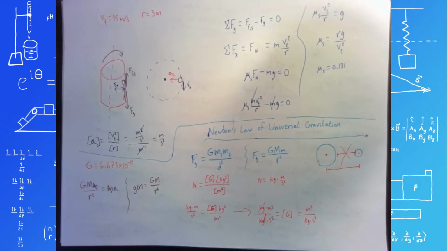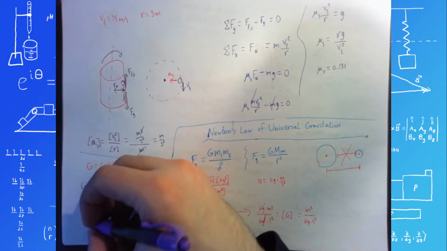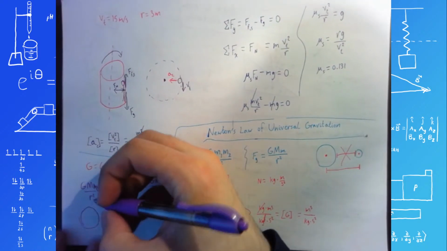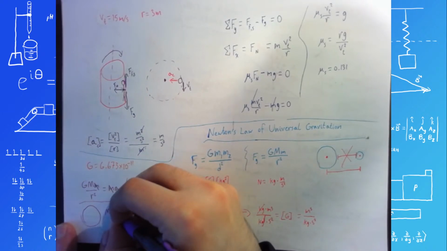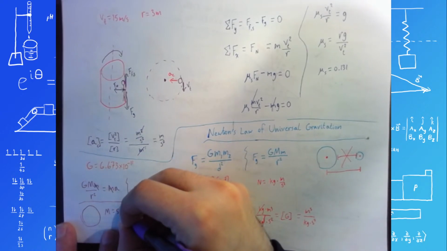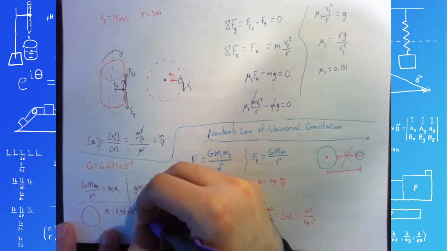Let's test this out for the Earth. So what is g around the surface of the Earth? Well, the Earth is a planet with a mass of 5.98 times 10 to the 24 kilograms.